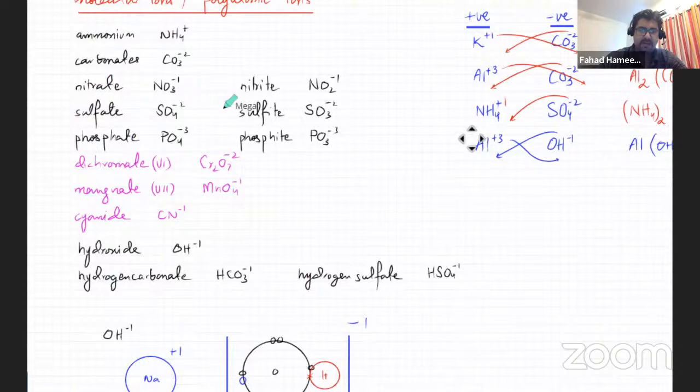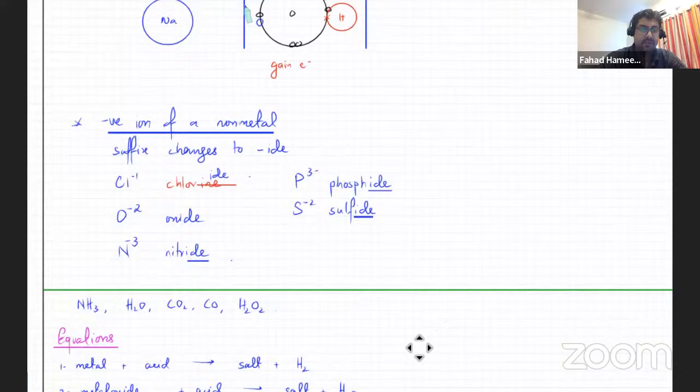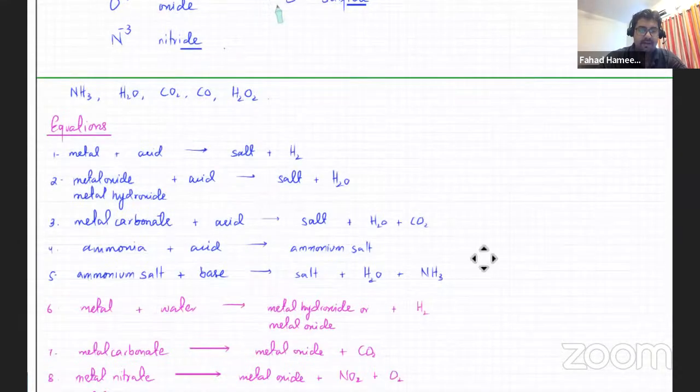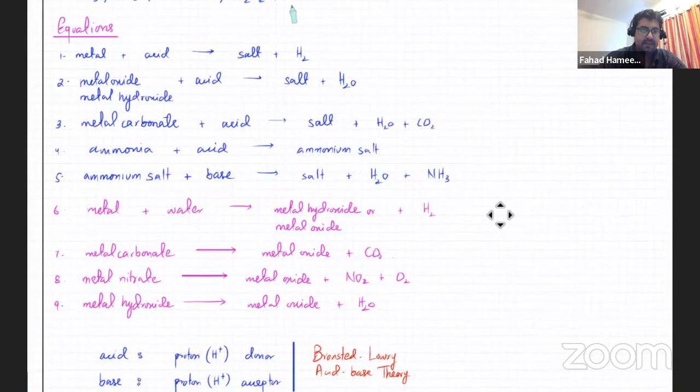I gave you a brief idea of how polyatomic ions were formed. And we started writing all these equations. I told you that there were 9 equations that you had to do in O levels. These are the 9 important equations, ignoring all organic equations, just the basic acid-base equations and decomposition equations. We're going to learn how to make these equations.